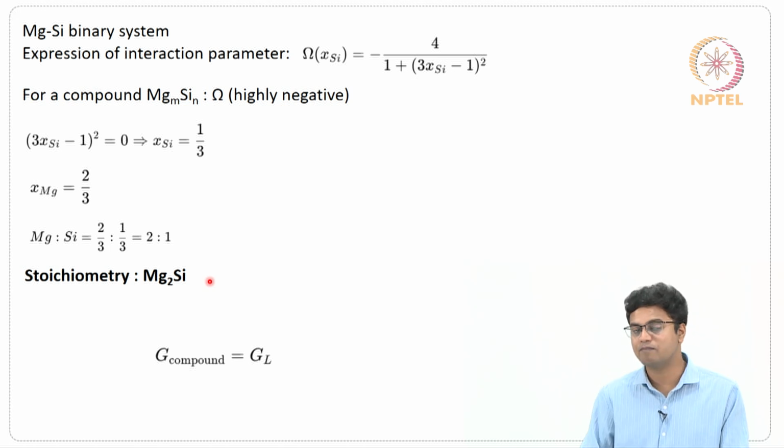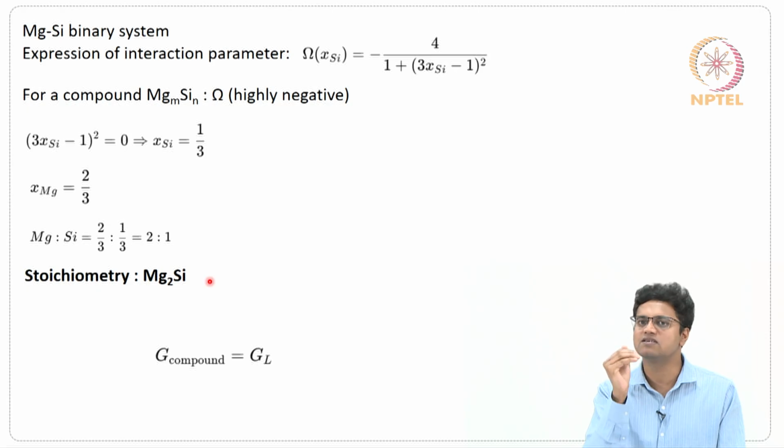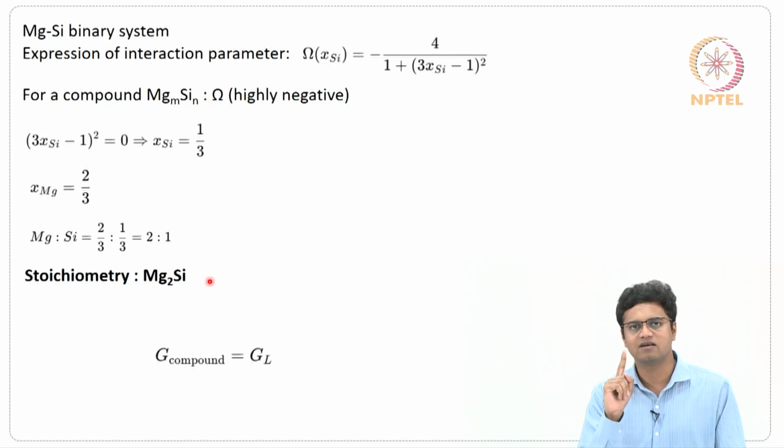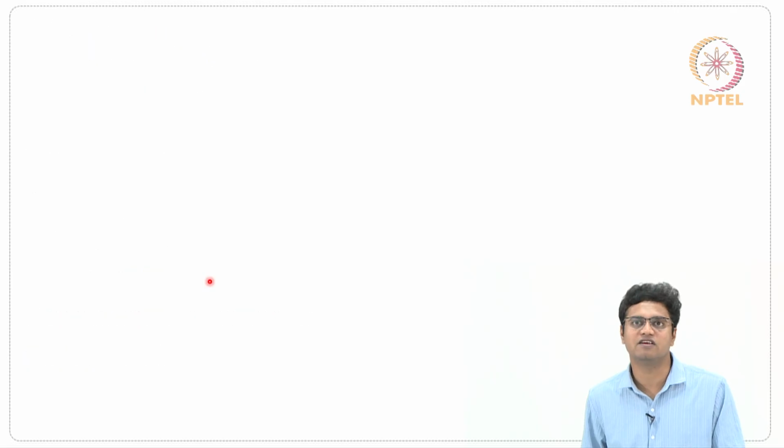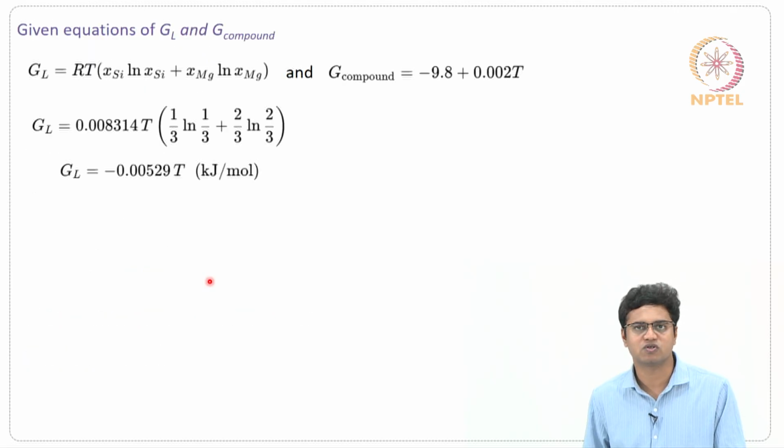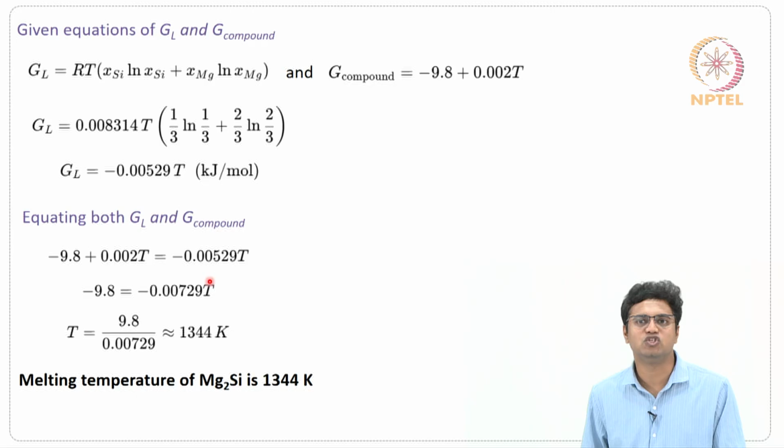Now how do you determine the melting point then? At the melting point, I know that there exists a two-phase equilibrium. It means the solid Mg2Si and the liquid of the same composition are in equilibrium at the melting point. So G of compound is G of L at the melting point. Both functions are given, and if I substitute both functions and the xSi I determined, I can calculate GL and also the G of the compound.